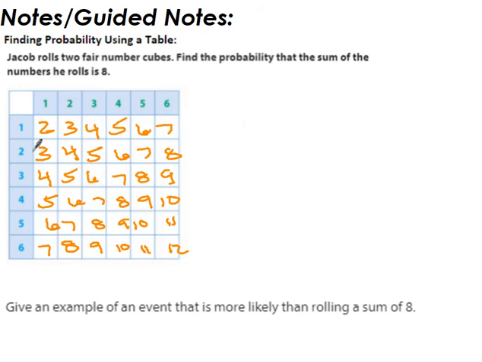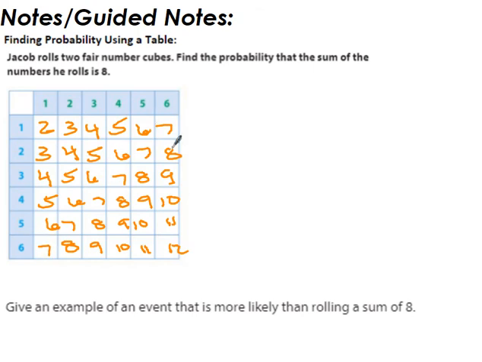What I just did is make a table that shows me all of my possible outcomes. There is one possible way I could ever roll a 2. There are 2 possible ways for me to roll a 3 when I roll 2 dice. There are 3 possible ways to roll a 4. 4 possible ways to roll a 5. 5 possible ways to roll a 6. 6 possible ways to roll a 7.